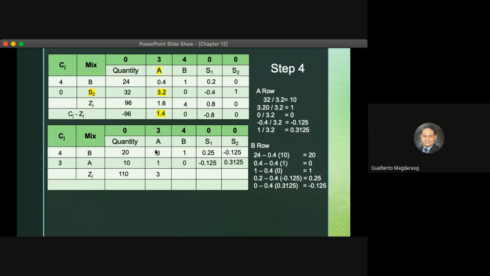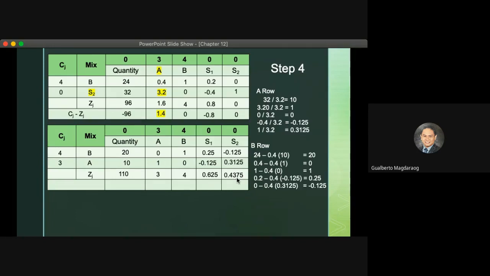So 4 times 0 is 0. 3 times 1 is 3. So add 3. 4 times 1 is 4. 3 times 0 is 0. 4 plus 0 is 4. 4 times 0.25 and 3 times negative 0.125, you add 0.625. And then the last is 0.4375.